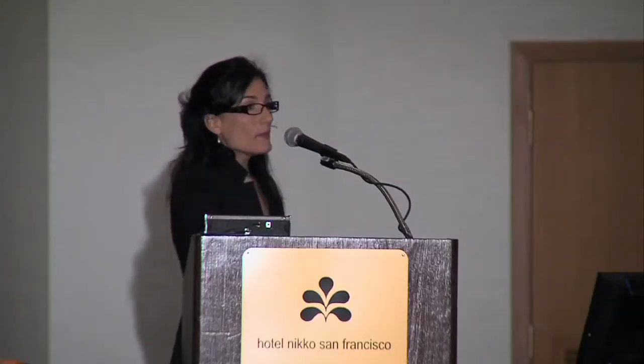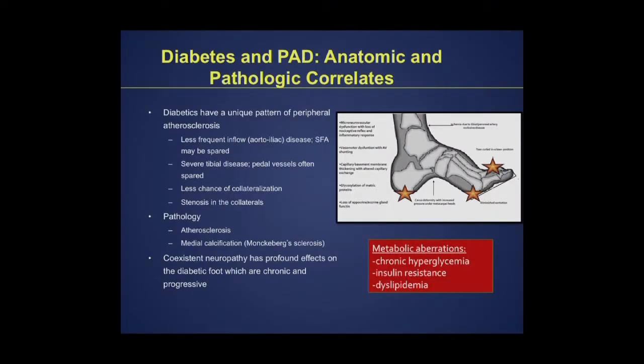So why is that? We've had an excellent insight into that in the previous presentations. But diabetics have a unique pattern of peripheral atherosclerosis: less frequent inflow disease, the SFA is often spared, more severe tibial disease with the pedal vessels often spared also.